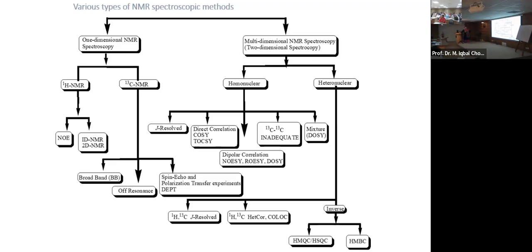Nowadays, almost every experiment has polarization transfer. Dr. Iqbal will teach you the concept of polarization transfer, because it increases the sensitivity of carbon. And it's like borrowing money. I think Dr. Iqbal has given this example.